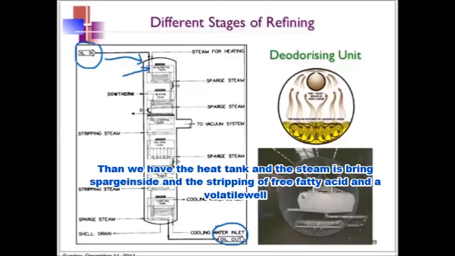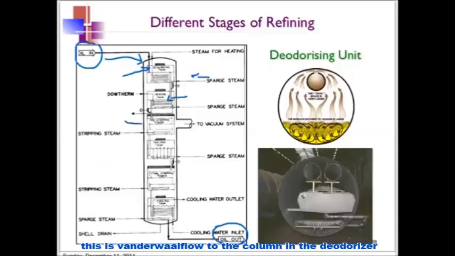process. Then we have the heating tank here, and the steam is being sparged inside, and the stripping of the free fatty acid and other volatiles will take place when the oil flows through the column in the deodorizer.